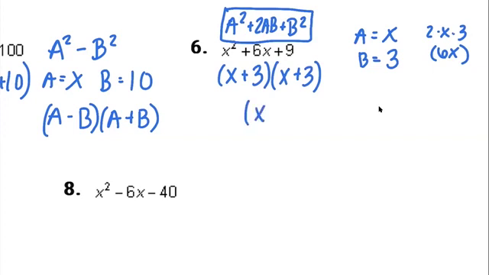And as we found out, we can then combine these. So it's x plus 3 squared, because two of these multiplied together, we can just shorten that as x plus 3 squared.